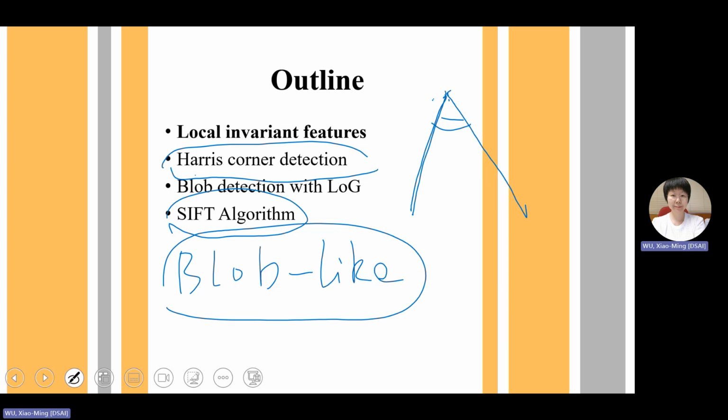There are significant changes in neighboring pixel values, brightness or colors.